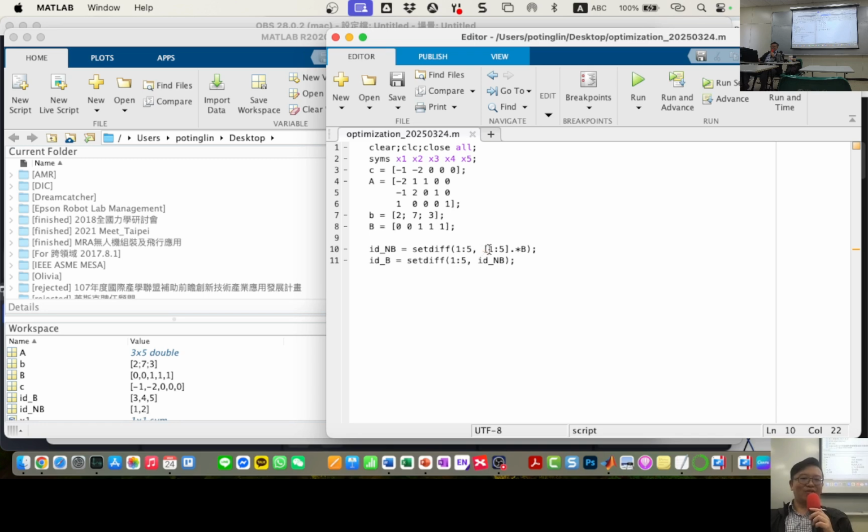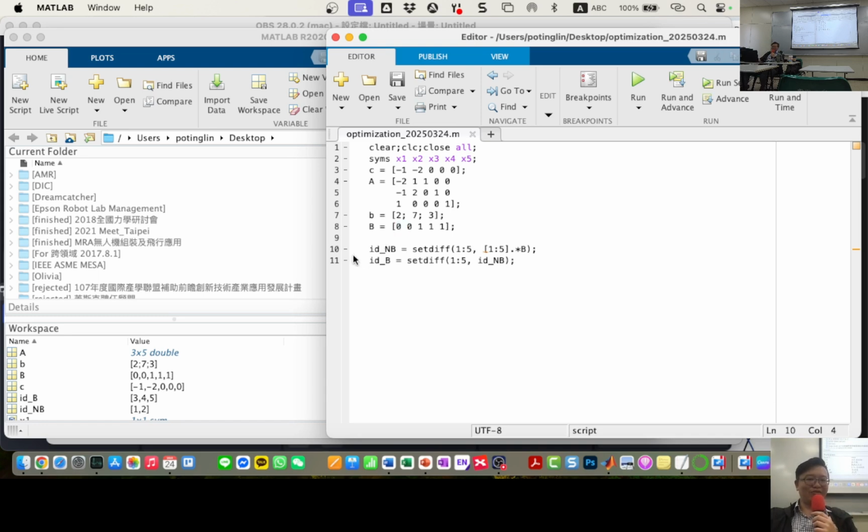If I use the 1 to 5 vector, 1, 2, 3, 4, 5, dot multiply 0, 0, 1, 1, 1, I will have 0, 0, 3, 4, 5. The difference between 1 to 5 and 0, 0, 3, 4, 5 is the 0, 0 part. So the different part will be the output. So the difference will be 1 and 2.